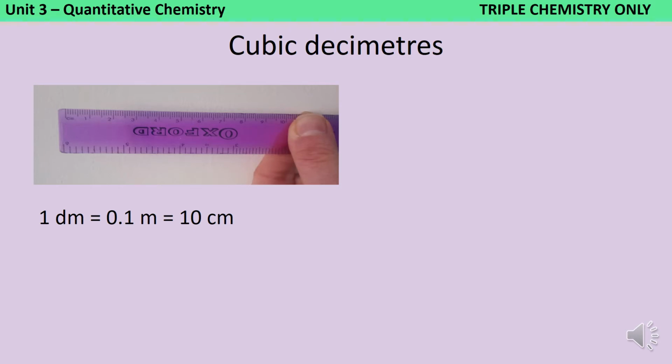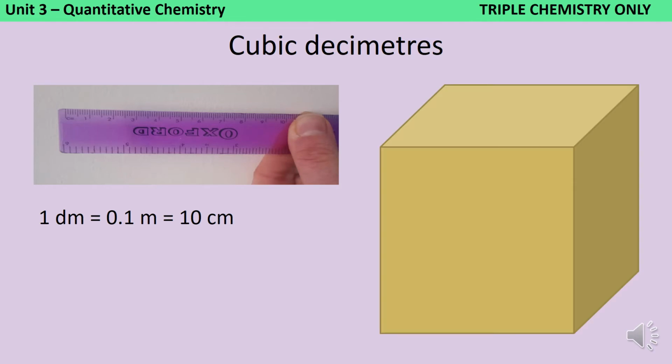centimetres. Now, if you imagine a cube, and each side of that cube is 1 decimetre long, then the volume of that cube is of course found by multiplying those lengths together to get 1 decimetre cubed. And this is the unit of volume that we're going to use for measuring gases, and later on for measuring solutions too.